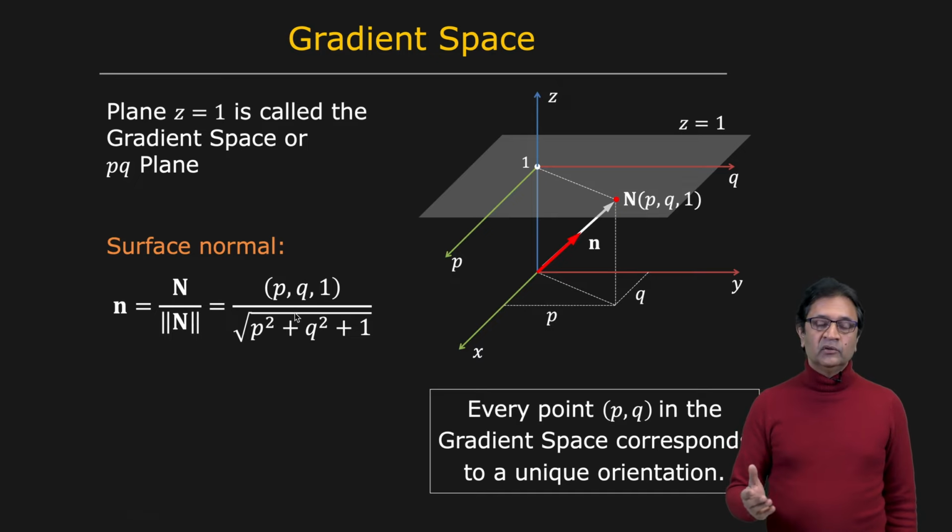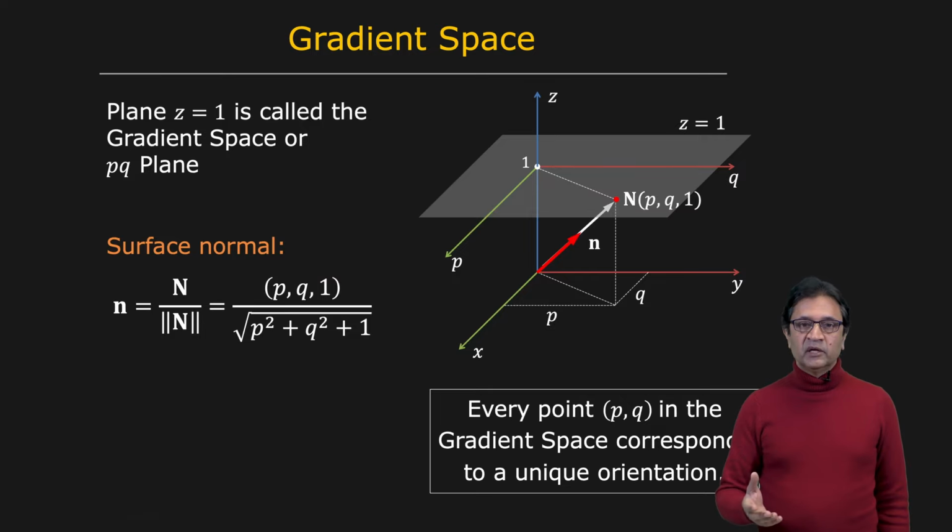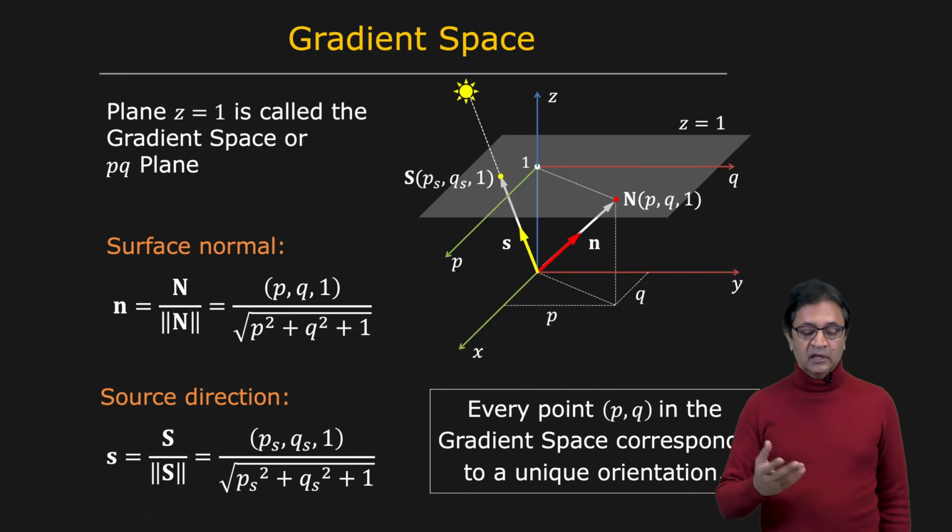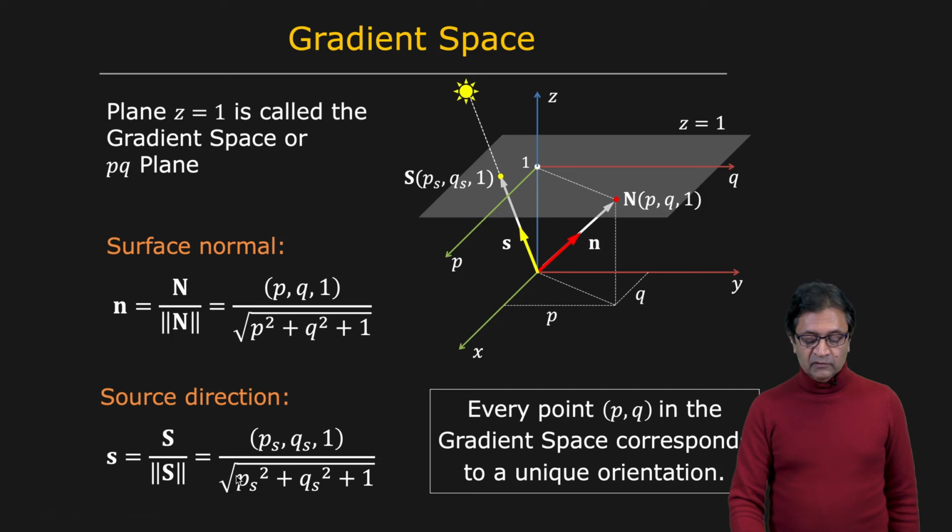But for that matter, you can use the gradient space to describe any direction, say, for instance, the direction of a light source. In this case, you have p_s, q_s, 1, and so the unit vector in the direction of the light source, this point light source, is S divided by the magnitude of S, and that's p_s, q_s, 1 divided by square root of p_s squared plus q_s squared plus 1.